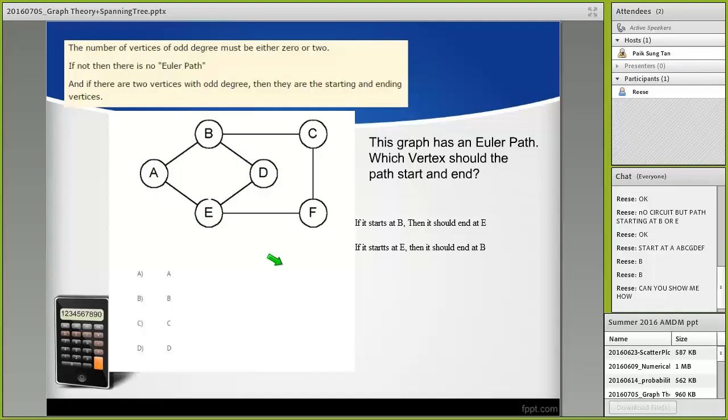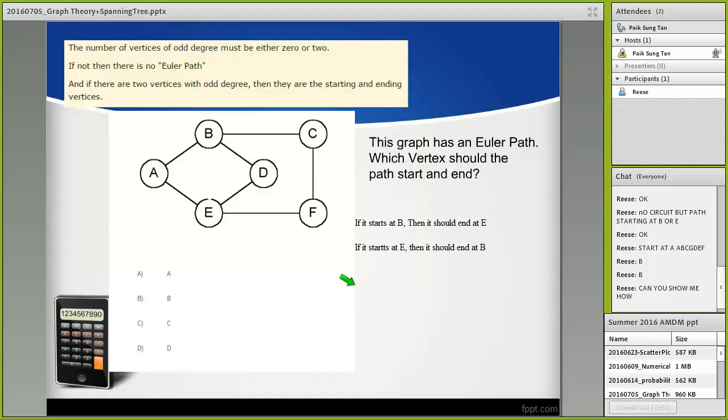Okay, I figured out one that starts at B and ends at E. B, C, F, E, D, B, A, E. That's one Euler path. Start with B, end with E.